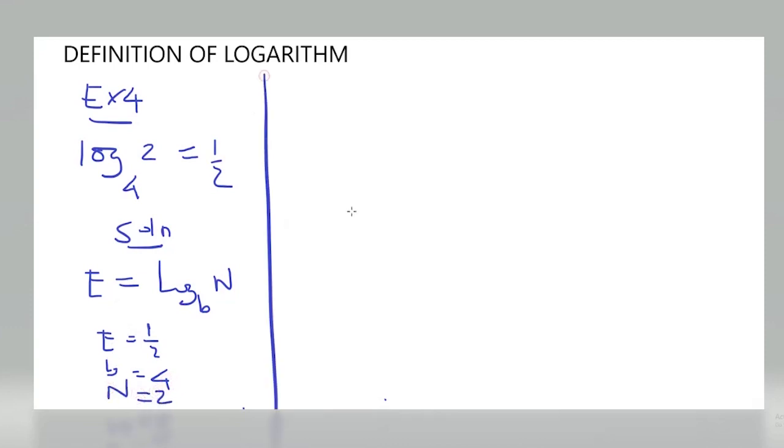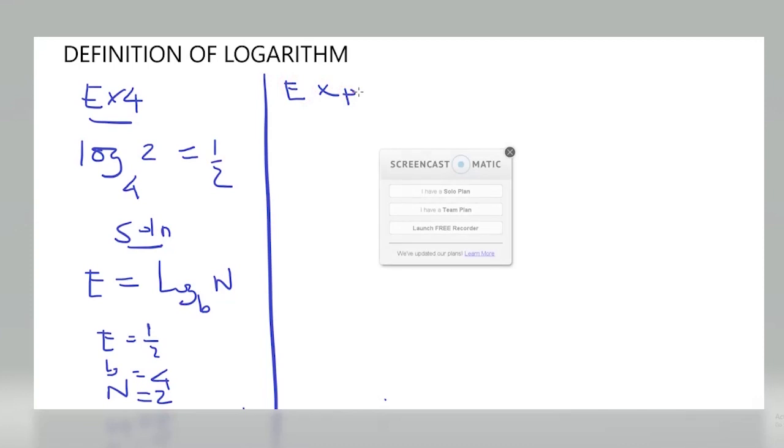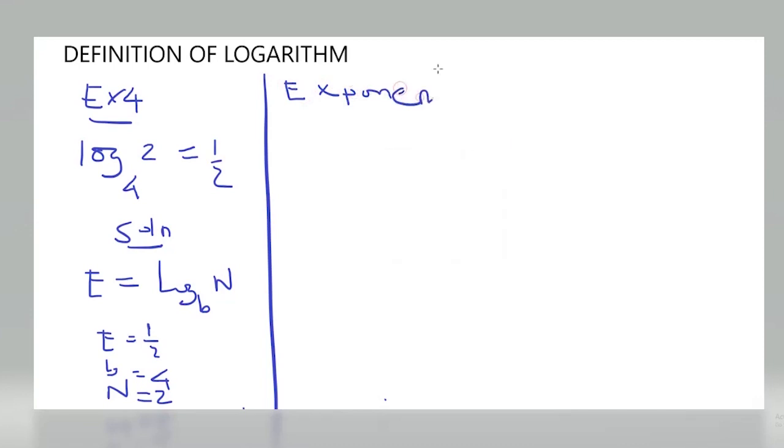The exponential form is always expressed with the formula which says base power exponent is always equal to number.